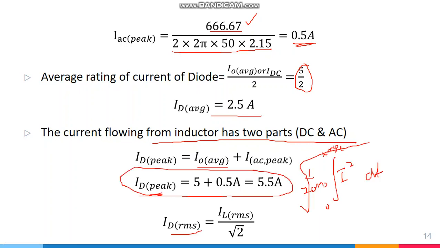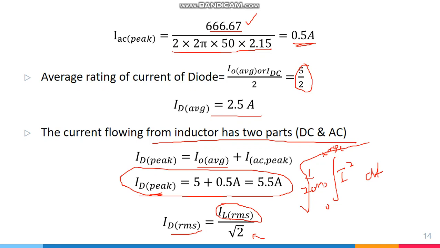In order to calculate the RMS value of the current flowing through the diode, we need to calculate the RMS value of the current flowing from the inductor and divide it by square root 2, because whatever the RMS value of the current flowing from the inductor is supplied by the two pairs of diodes.